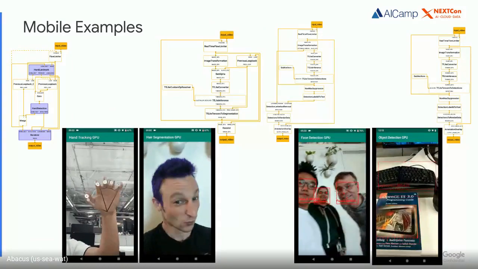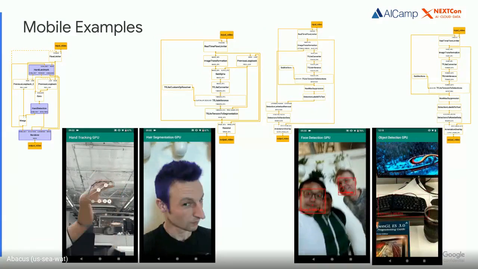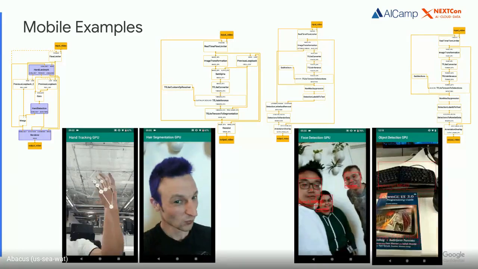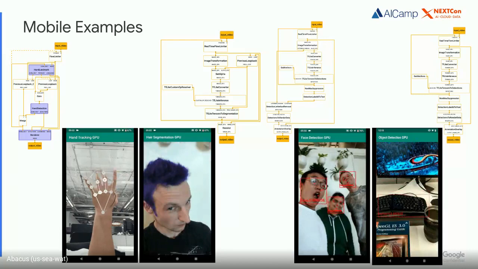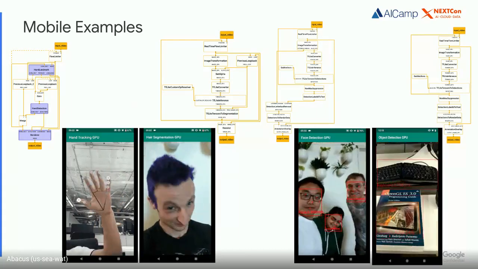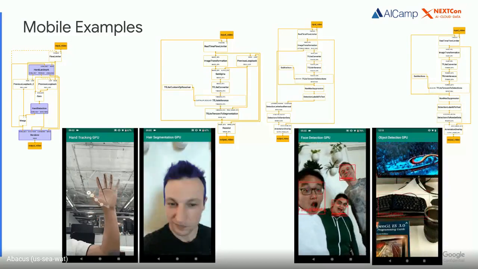So at the GitHub repository, you can find all these examples. There are about 6 or 8 examples, and there are versions of them that run on Android and on desktop and on web.